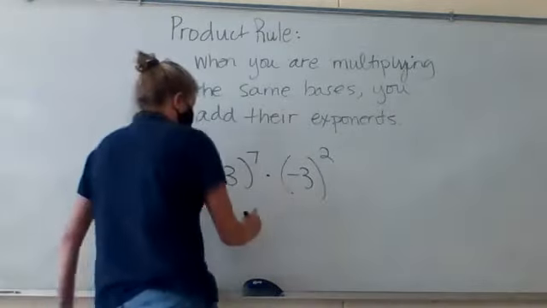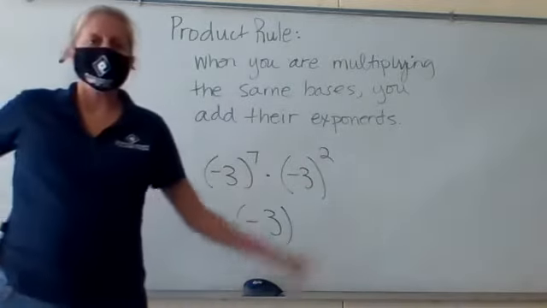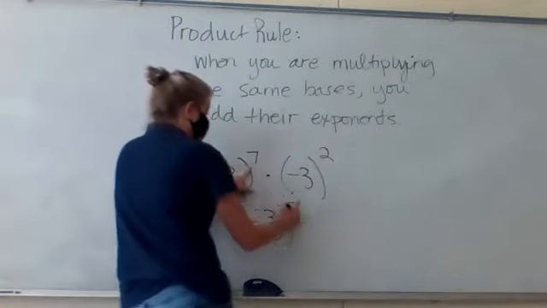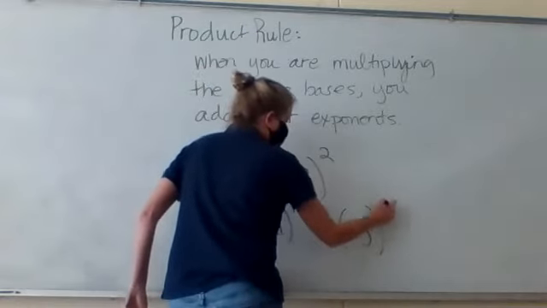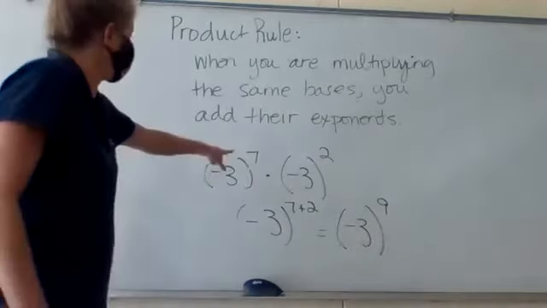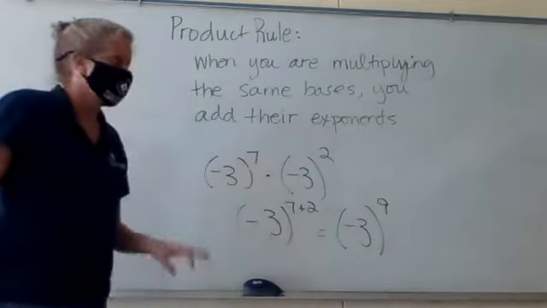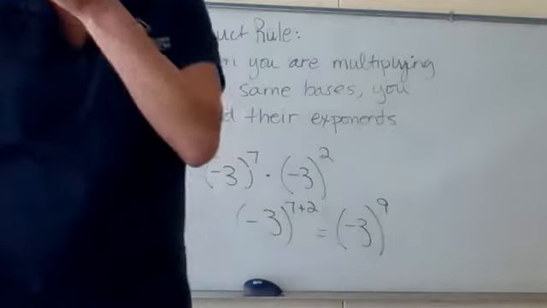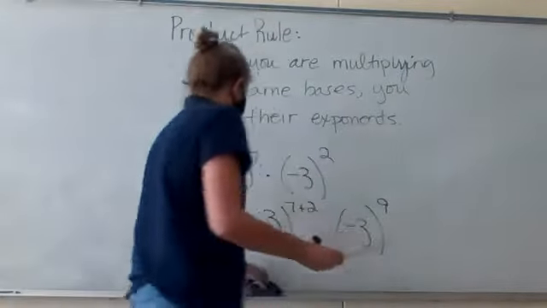I do, which means I can write this as -3 and then add their exponents together. So 7 plus 2, or in other words, -3 to the 9th power. -3 to the 7th times -3 to the 2nd is the same thing as -3 to the 9th. Right? Number 5, same thing.